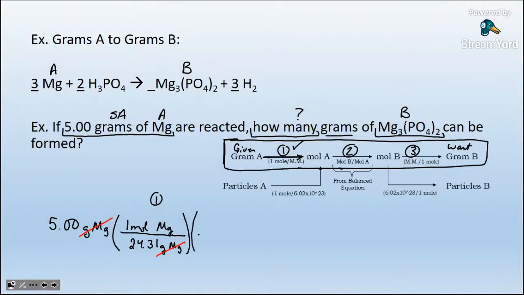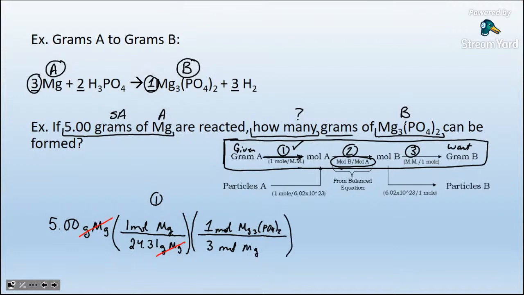Step 2 is where we're going to go from moles of A to moles of B. And again, if we're looking at the roadmap, moles of B, so my substance B in this case is my magnesium phosphate, and it has a coefficient of that unwritten 1. So there would be 1 mole of magnesium phosphate that is produced over my moles of A. So this would be 3 moles of magnesium that is reacted.